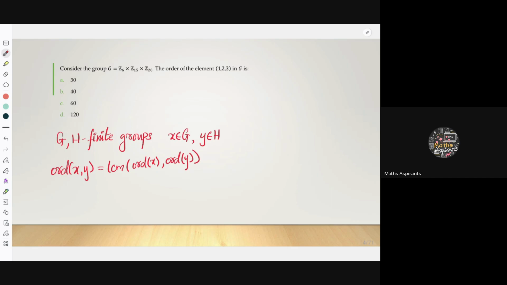So in our case, the order of the element (1, 2, 3) would be the LCM of the order of 1 in Z6, the order of 2 in Z15, and the order of 3 in Z20.